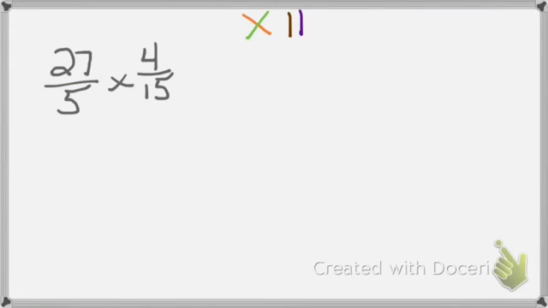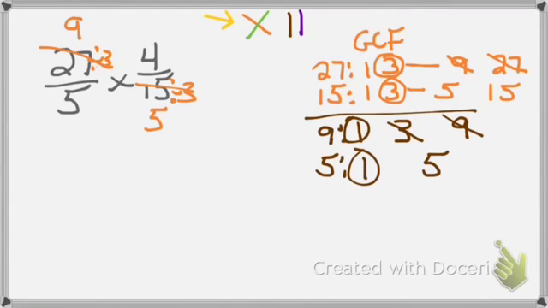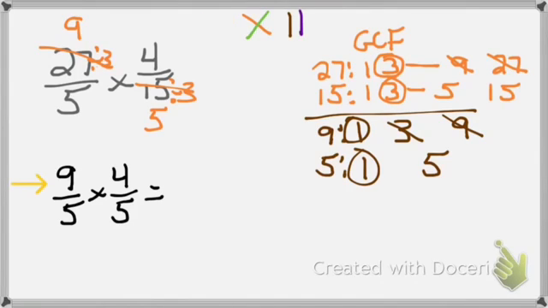Once we've turned it to a multiplication problem, we use our X11 strategy for multiplying fractions, and we use the GCF to fully cross-cancel and simplify. When all that is done with X11, you rewrite your new fractions, and now you're ready to multiply. And remember, when we multiply fractions, we multiply numerator times numerator and denominator times denominator.